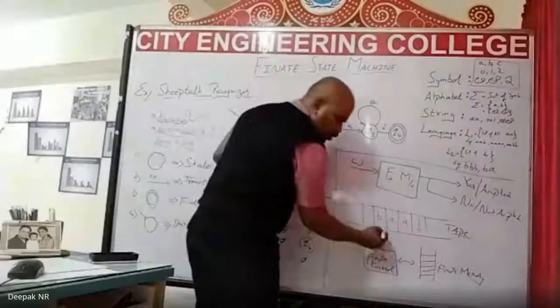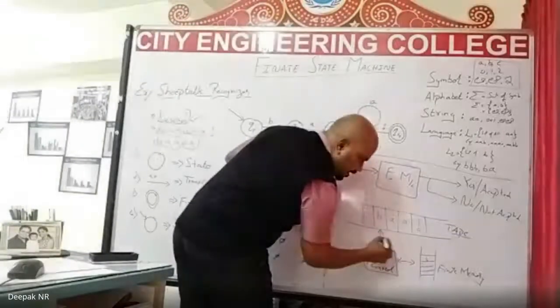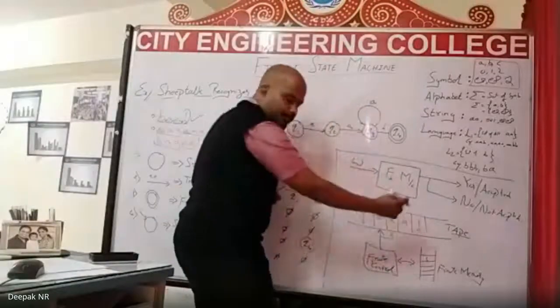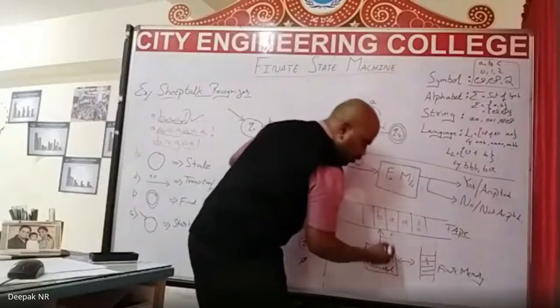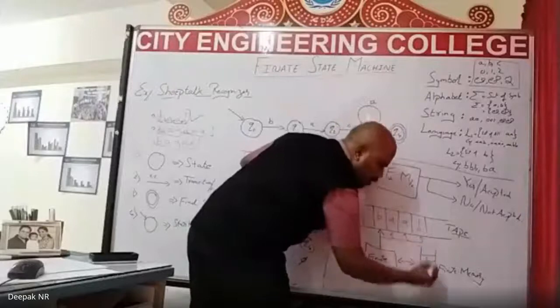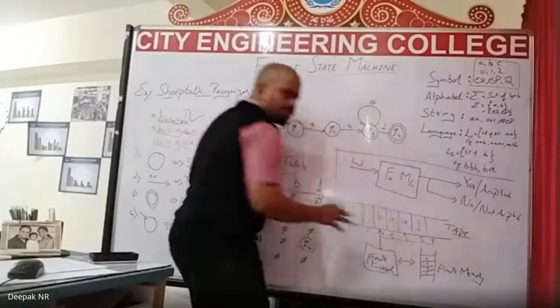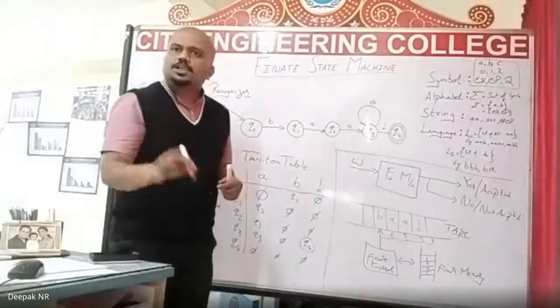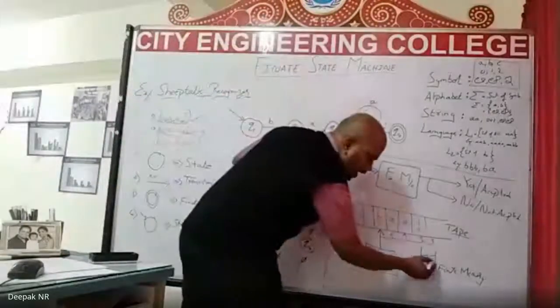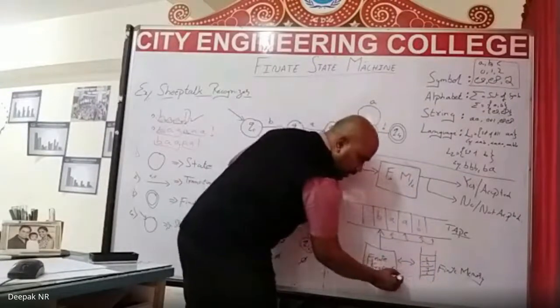First it goes to B, it saves B. Then it always moves with a right shift. It moves to A, it goes here. Then it goes to one more A, saves here. It gets the not symbol, it saves here, and it goes there. This says the end of the string. I don't have a string over here. Clear? These are all the values I'll be getting, BAA with the not symbol, and now it encounters.